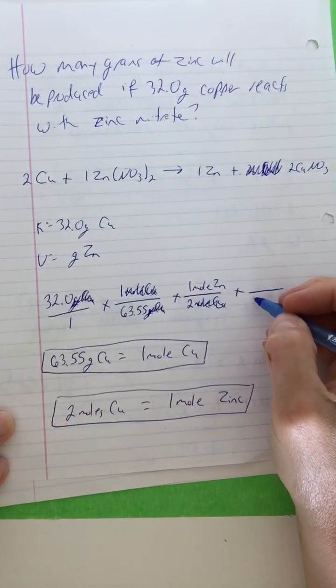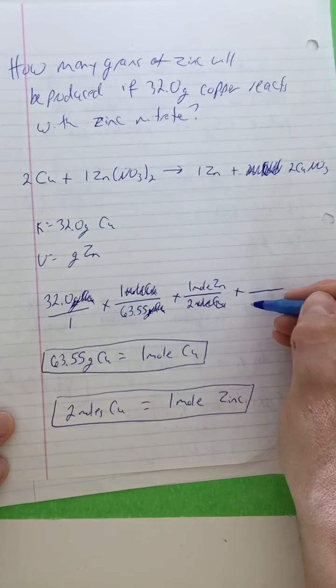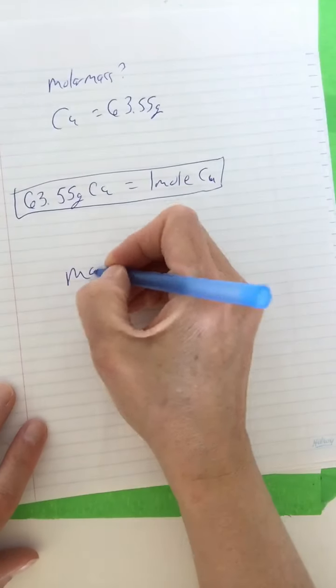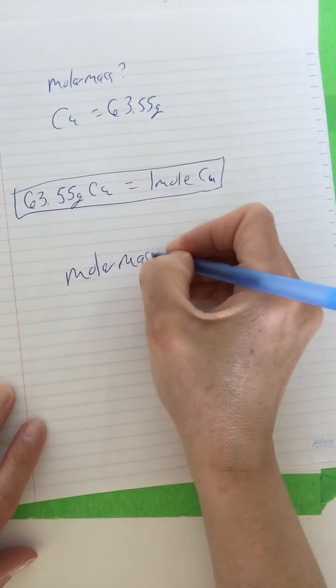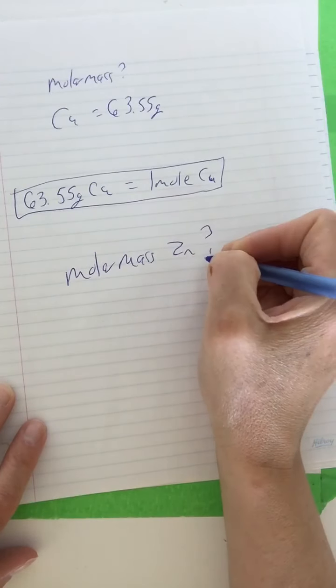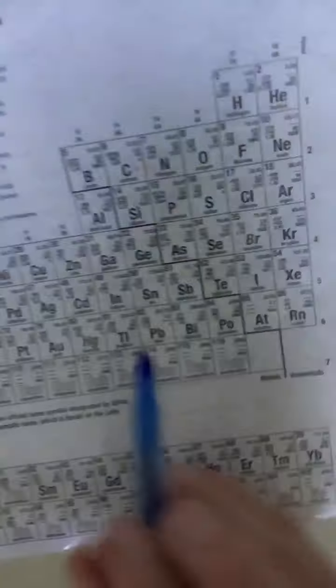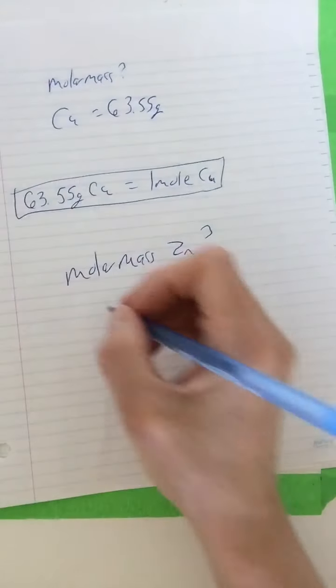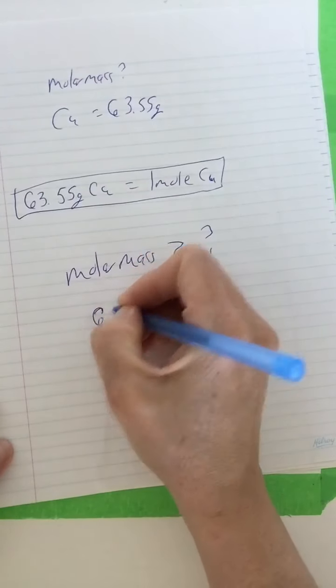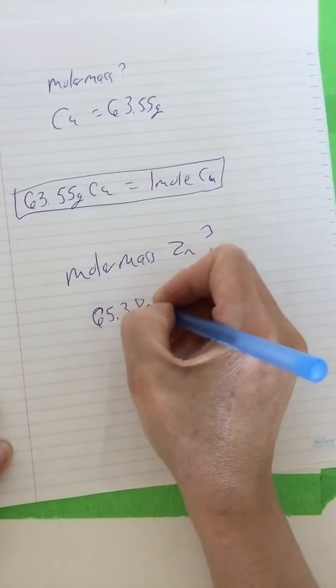Now I need to go from moles to grams with zinc. Well, I need to find its molar mass. So molar mass of zinc. I find my periodic table. I find zinc is right here. It is 65.38 grams.